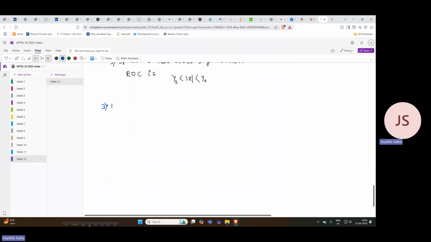Find the Z transform of x[n] is equal to 2 to the power n u[n] plus 3 to the power n u[n].